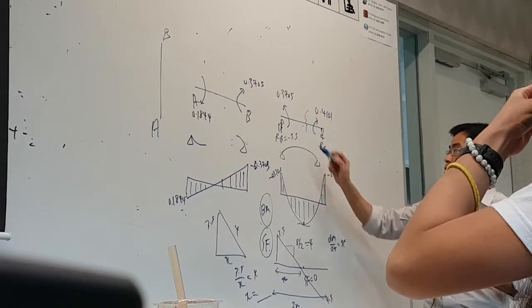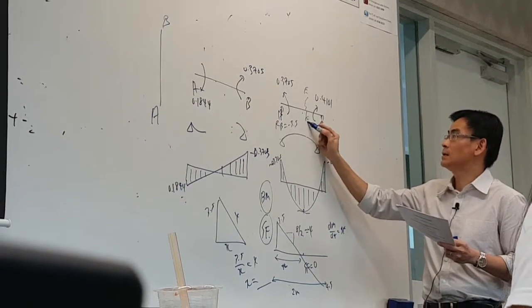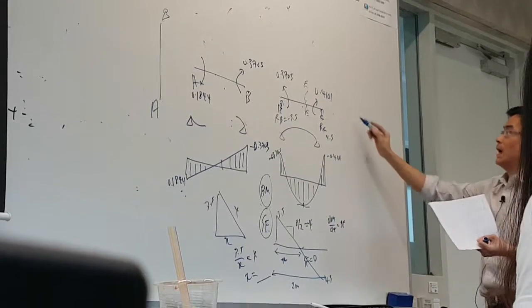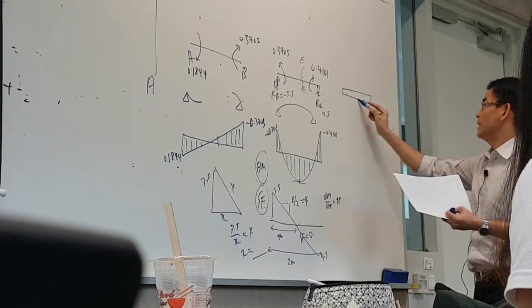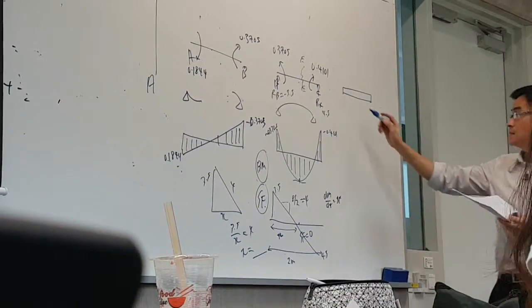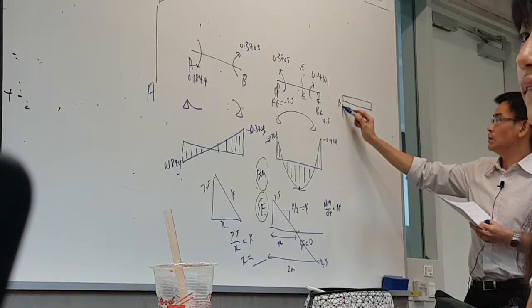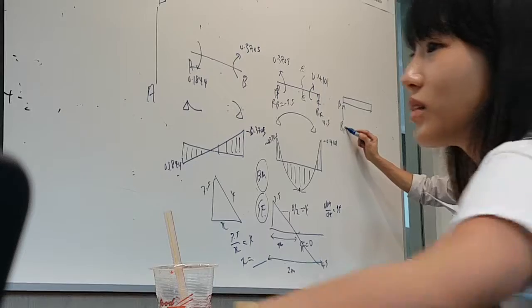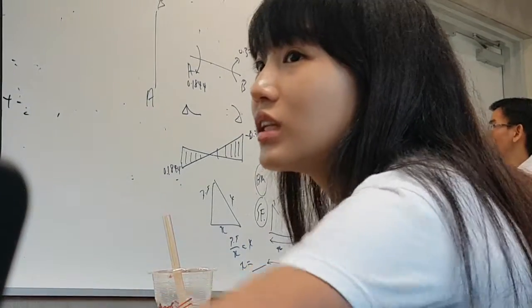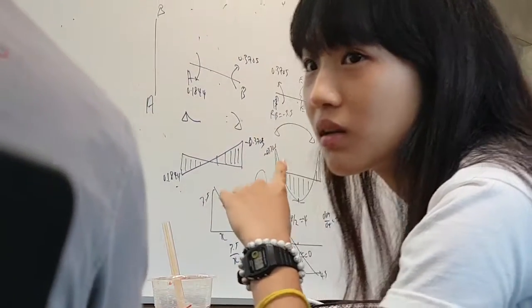If I do a section over here where this is E, I am able to draw an element where this is B, and the reaction force RB is equal to minus 3.5.